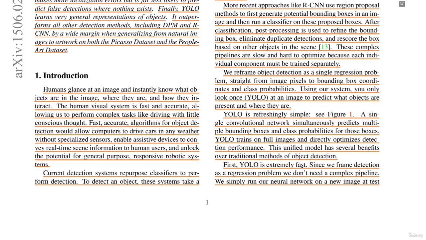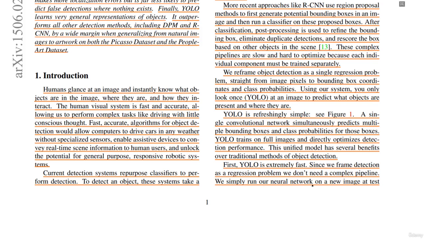First, YOLO is extremely fast, which is very important in real life because if you have a very high accuracy model or system and it can't be used in practice, then it's actually useless. So it's important that when modeling an object detection system, we take into consideration the speed. Since we frame detection as a regression problem, we don't need a complex pipeline.